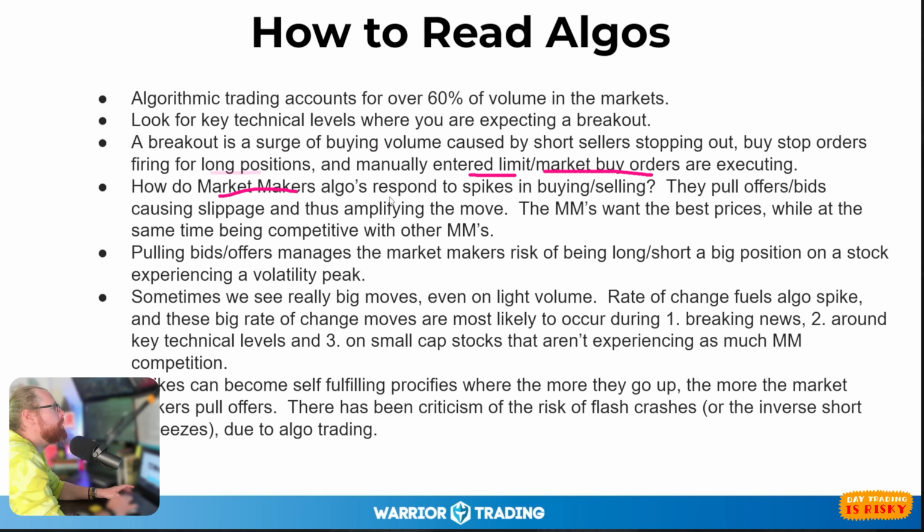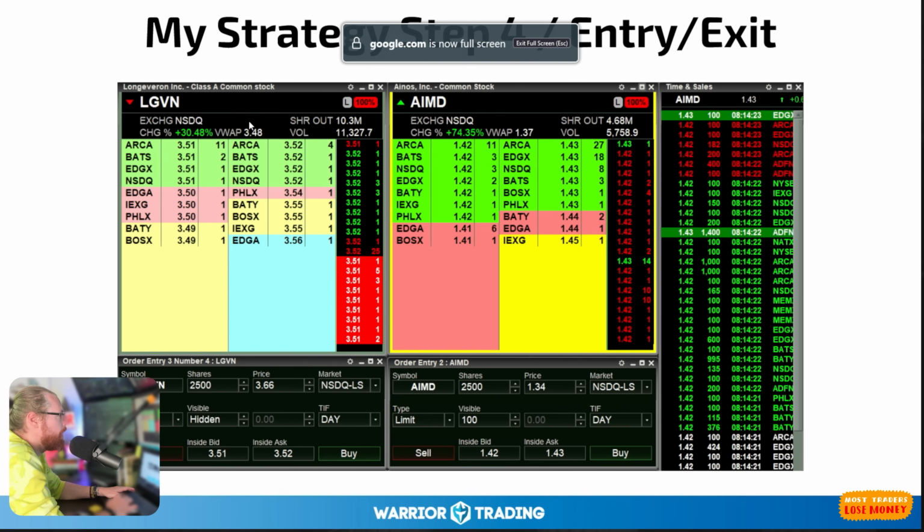So how do market makers and algos respond to these spikes in buying and selling? They pull the offers, they pull the bids. That creates slippage, which is basically worse for retail traders, but better for them. And it amplifies the move. This is where we will sometimes see these really big swings. And that's what we ultimately want.